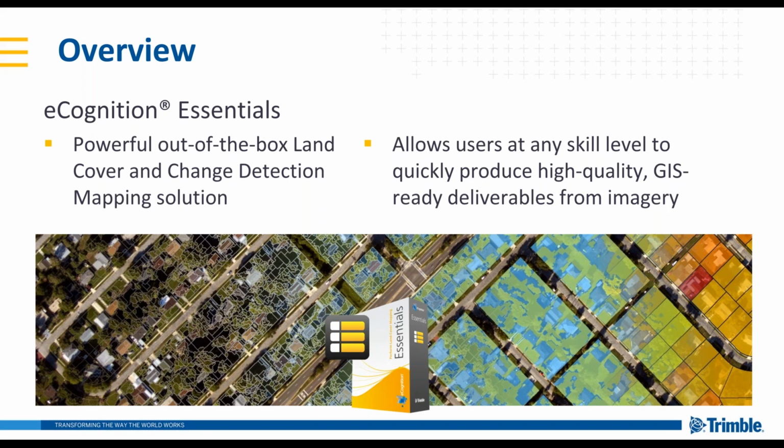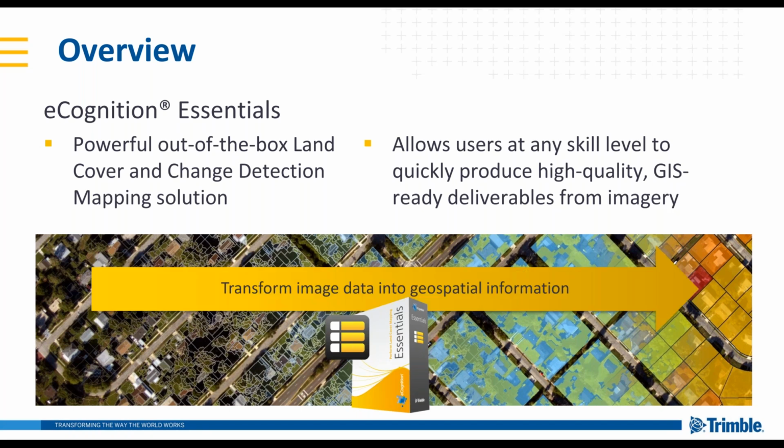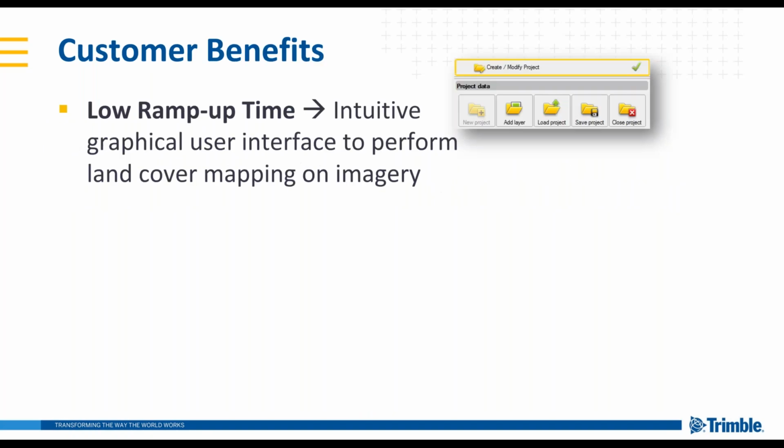And what we hope to do with this software, or what we've been doing with this software over the last several years, is provide an environment where users of any skill level can quickly utilize object-based image analysis techniques to create GIS-ready deliverables from their imagery. So again, we're transforming our geospatial image data into geospatial information within Essentials.